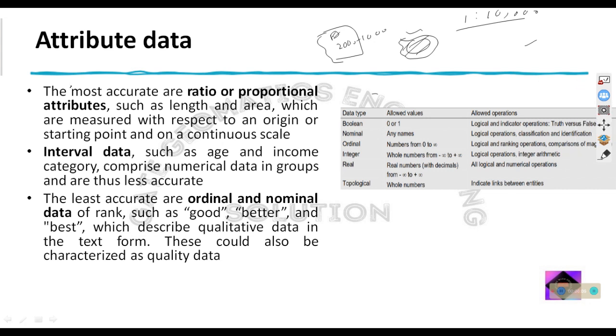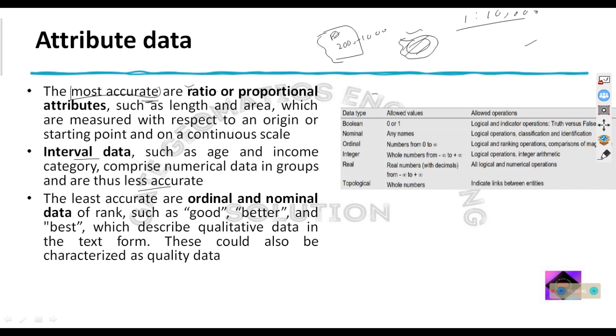One important thing that you have to remember is that ratio attribute data is the most accurate attribute data, because it is the original data representing the earth surface. Then the interval data is representing a range, that the data can be from this to this, so that is less accurate than the ratio or proportional attribute.